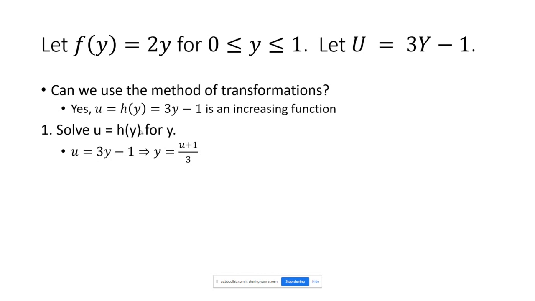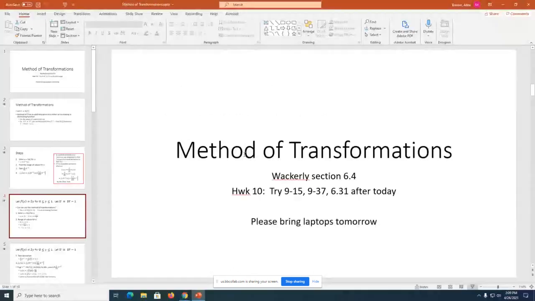So this (u plus 1) over 3 is our h inverse of u. Sorry, that should be h inverse of u.